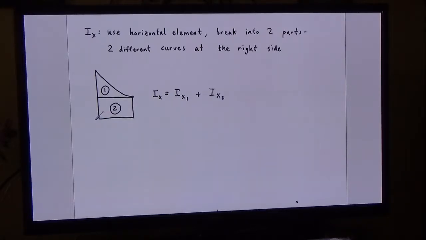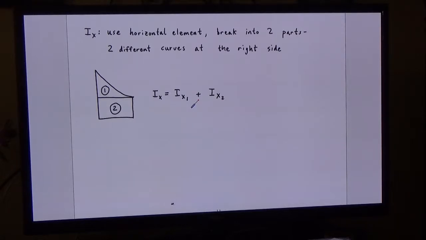So I don't have to do anything like I did with centroid, where we had that equation for the centroid of a composite area. For moment of inertia of a composite area, it turns out that I just need to add the moments of inertia of the parts.